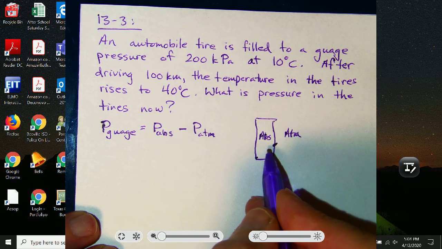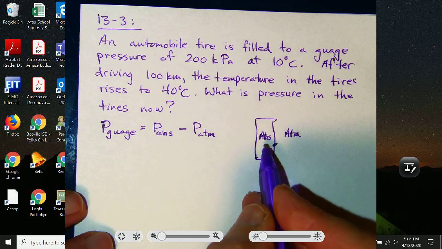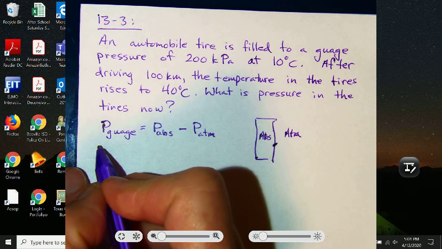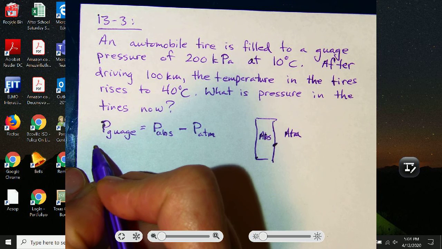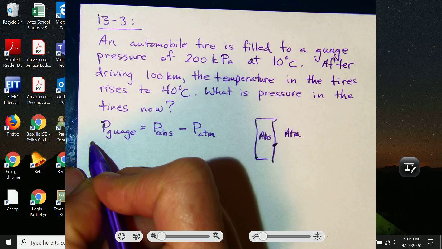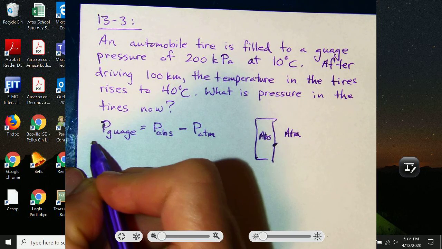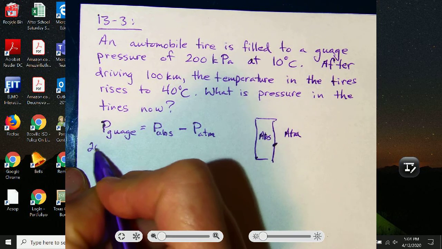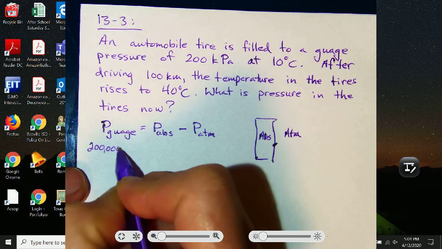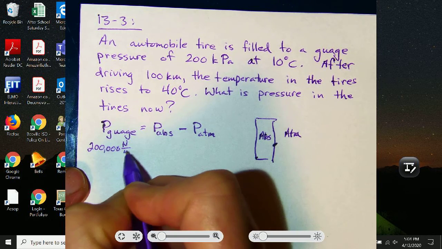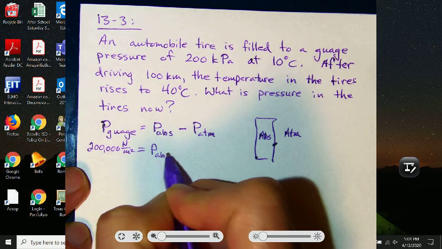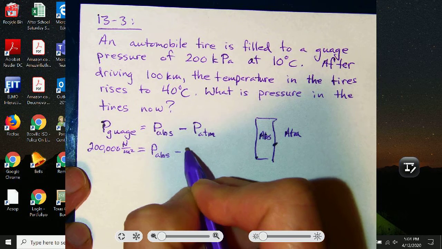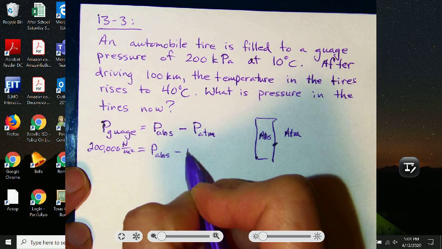So the first thing we need to do is find out what that absolute pressure is. Well, our gauge pressure here is 200 kilopascals. Kilo means 1,000, so 200,000 newtons per meter squared equals our absolute pressure minus 1 atmosphere.